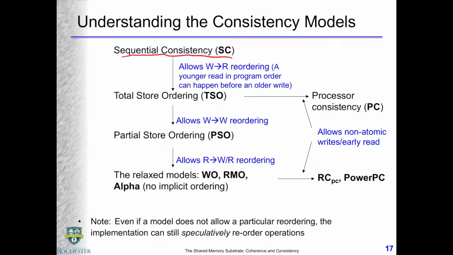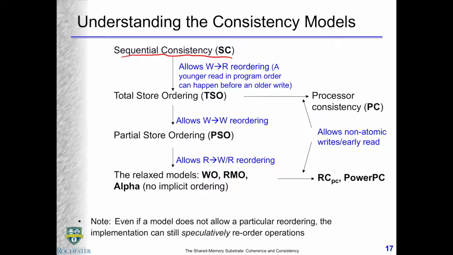If you have a store, rather than waiting for the store to completely finish, and we know that's a long process because you have to invalidate and collect confirmation from the caches that you have invalidated all the cache copies, so that's a long process. A write takes a long time. We can sit there and wait, and that's slow, or we can allow read to bypass the write, meaning even though a read is in program order after an earlier write, we already started to read it.